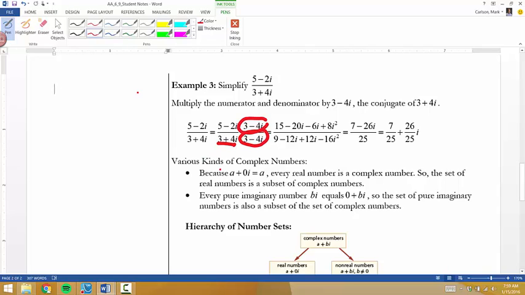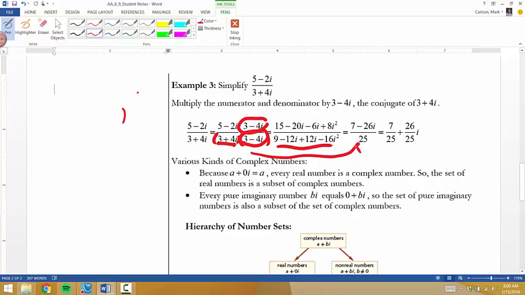Now, when I multiply that bottom, remember I said it was going to be a squared plus b squared. In other words, 3 squared plus 4 squared, which is 9 plus 16, which gives me 25. Well, I'm just showing how I'm getting that right here. If I use my FOIL method when I multiply these out, I get this, which simplifies down to 25.